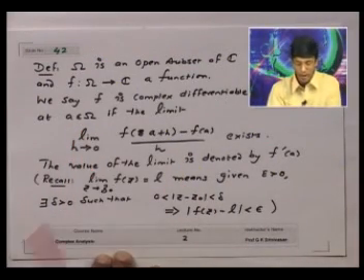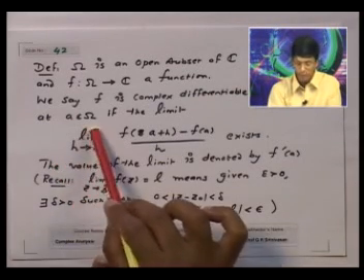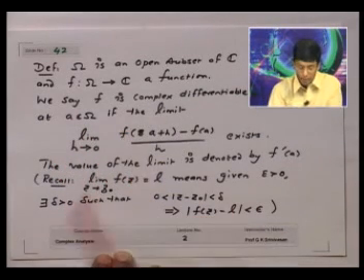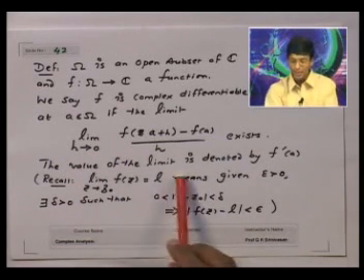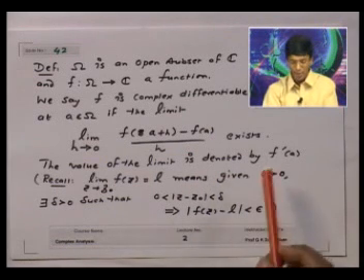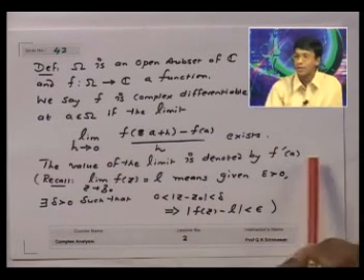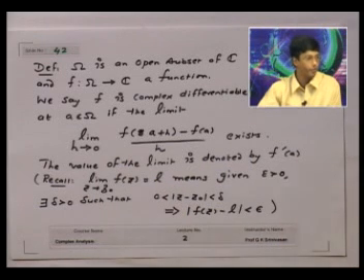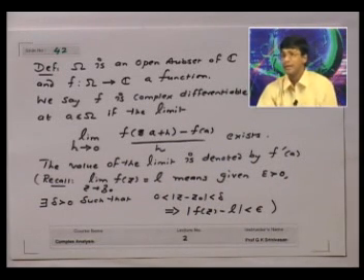We say f is complex differentiable at a belonging to omega if the limit of f of a plus h minus f of a upon h, limit as h tends to 0, exists. The value of the limit is denoted by f prime a, and I am going to call it the derivative of f at a. That is not really written down in this slide, but I am telling you. I am going to call f prime a the derivative.